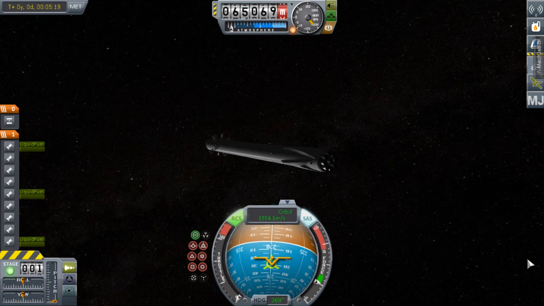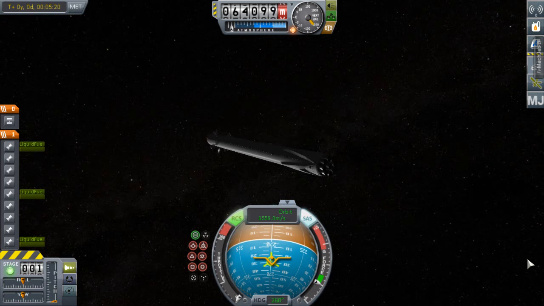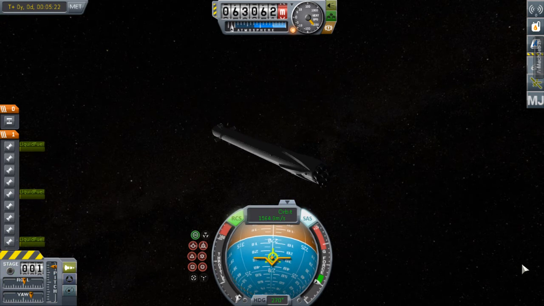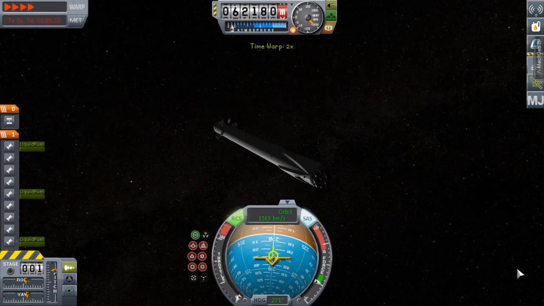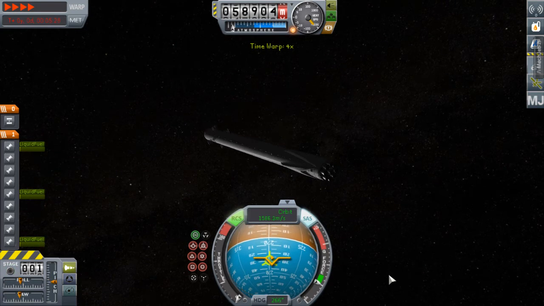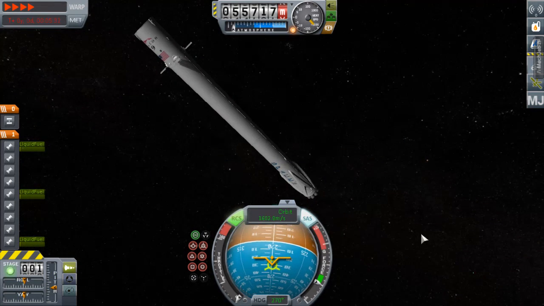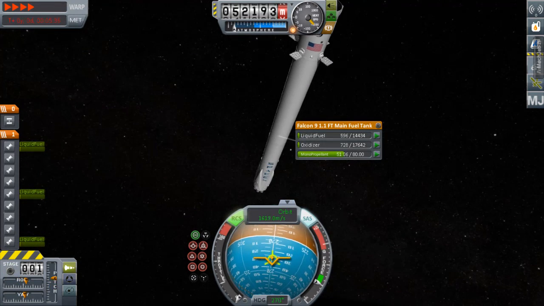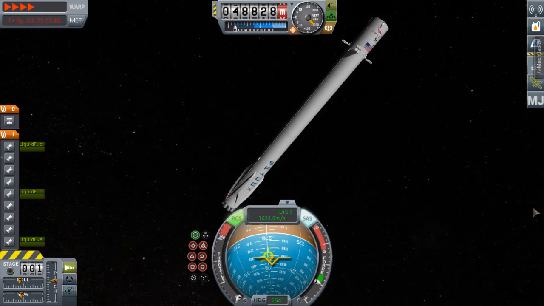Grid fins deploy. Grid fins deploy nominal.